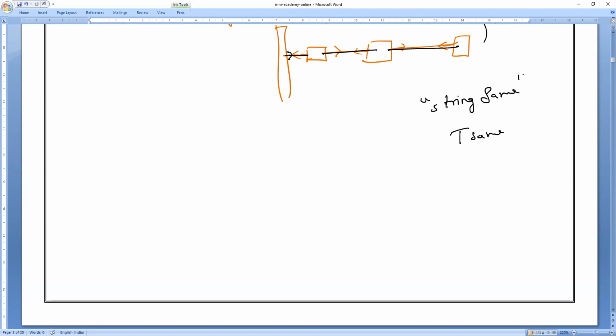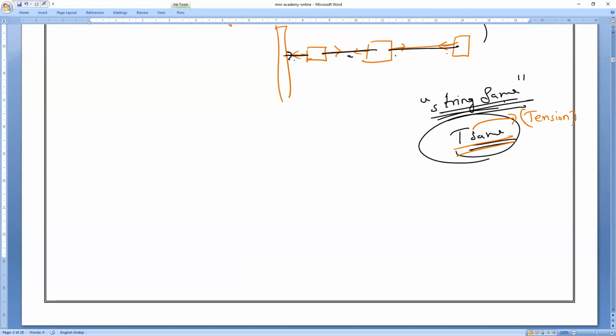If the string is not going to change, see from here to here the string is changing, from here to here the string is changing. If the string is not going to change, then T always remains what? T means tension in the string, it always remains constant.